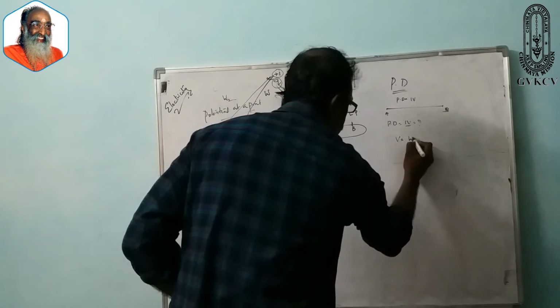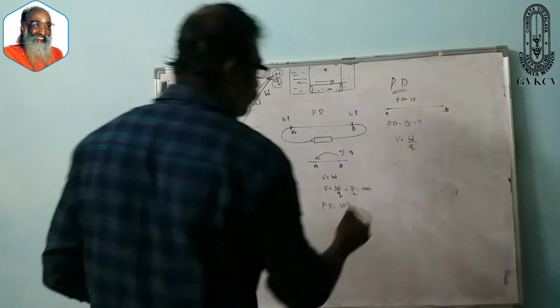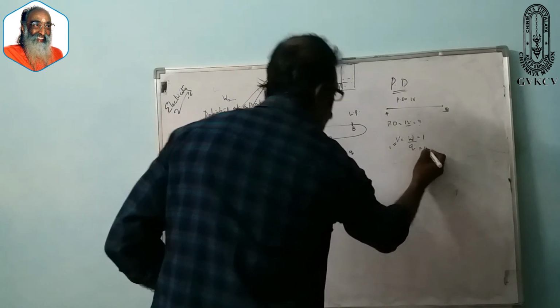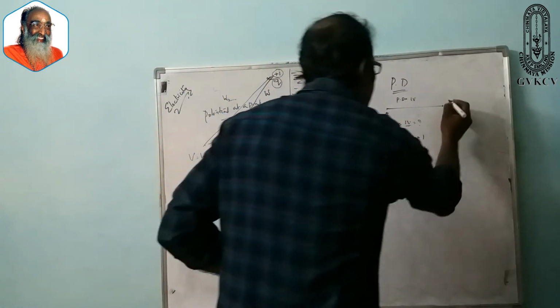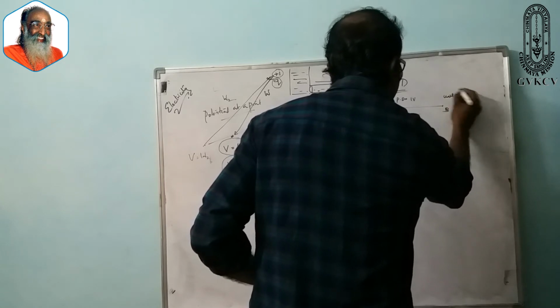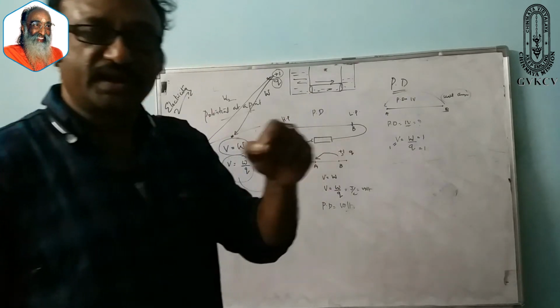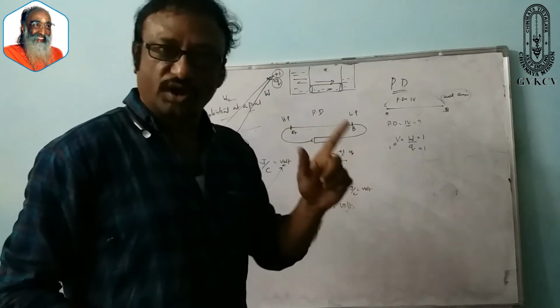V is equal to W by Q. If V is equal to 1, and if Q is equal to 1, that means, if you are going to bring a unit charge from one point to the another, if the work done is 1 joule, then the potential difference is said to be 1 volt.